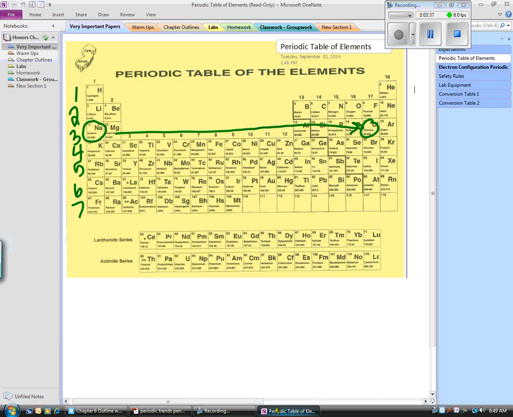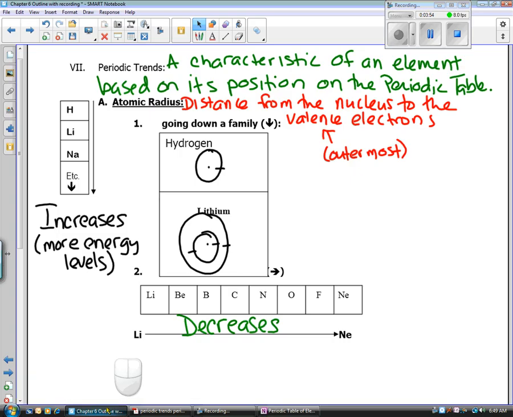But sodium has 11 protons pulling on those 3 rings. Chlorine has 17 protons pulling on those 3 rings. So the chlorine is going to be able to pull it in a little bit tighter because that nuclear force of the nucleus is able to pull in those electrons a little bit closer.